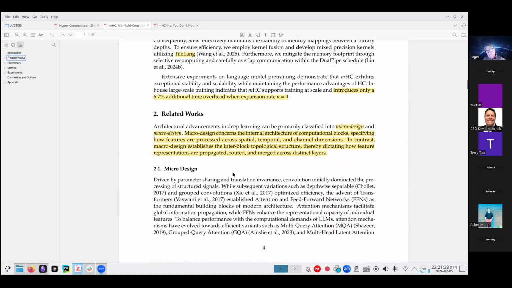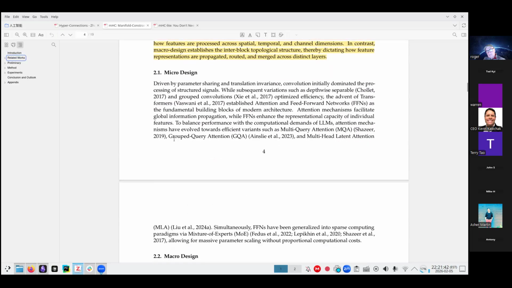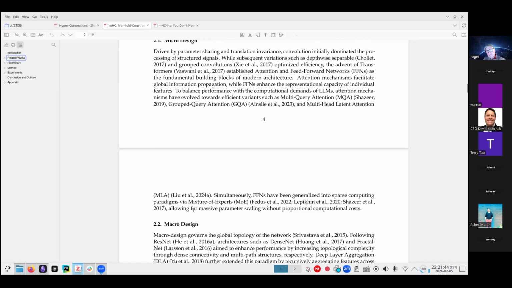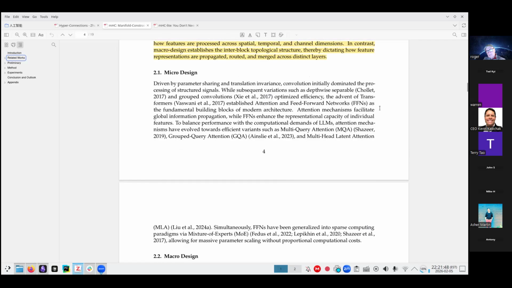Related work. They also talk a bit about micro design versus macro design. I think for micro design, they're talking about the improvements inside those blocks, like inside the attention layer or feed forward layers.